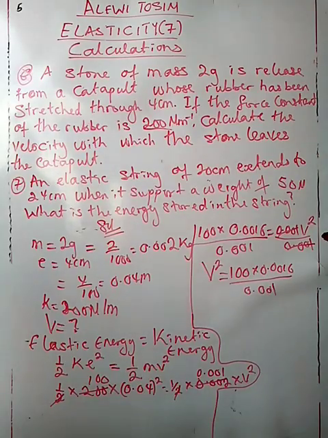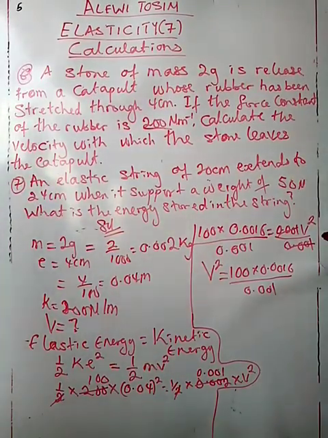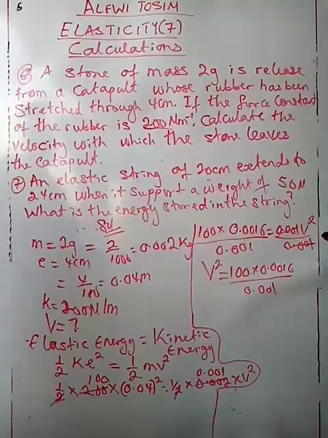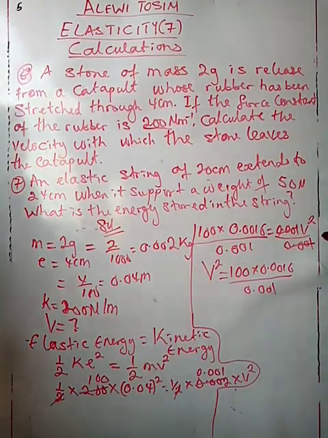Okay, let's punch our calculator for that. 0.0016 multiplied by 100 will give us 0.16, divided by 0.001, and that gives us 16.